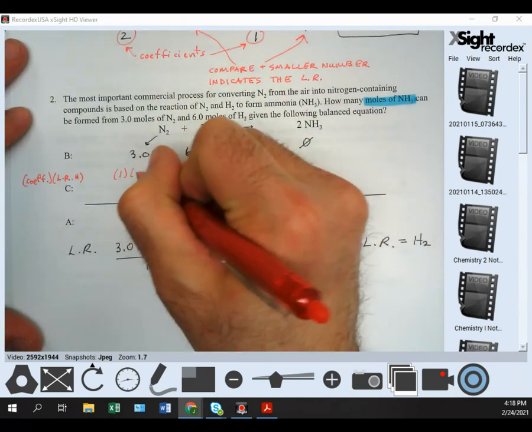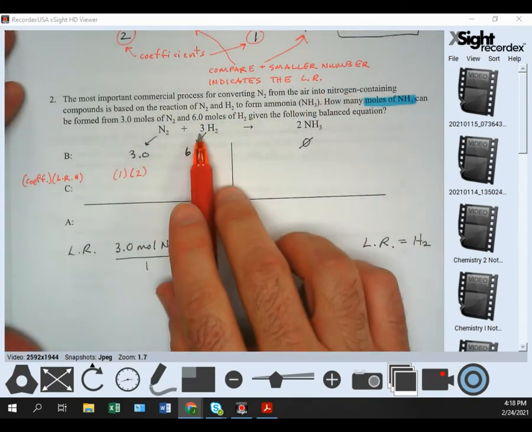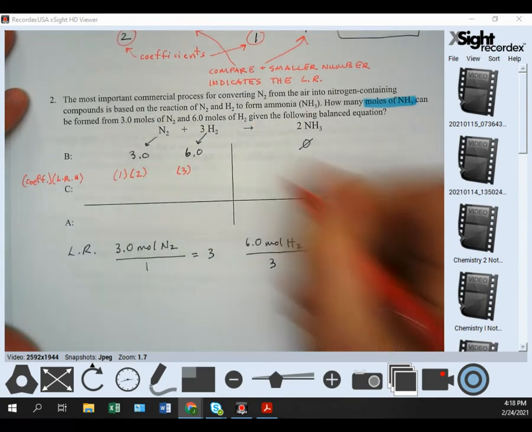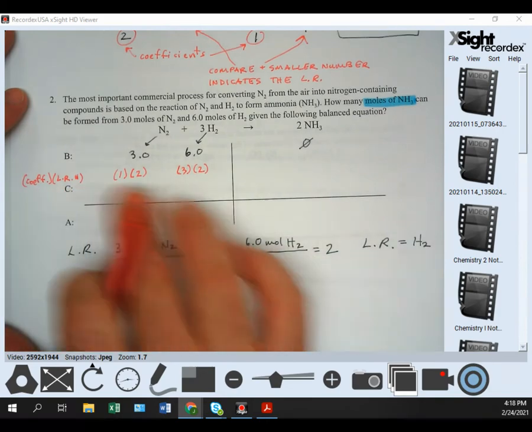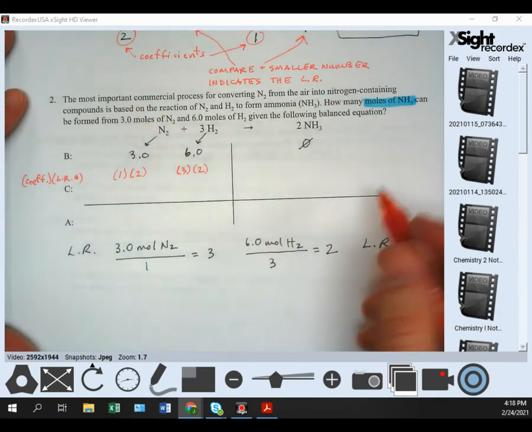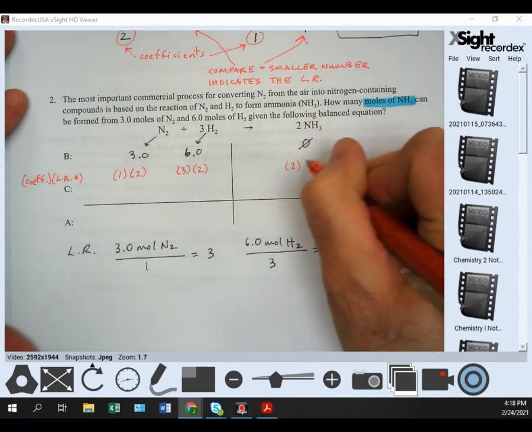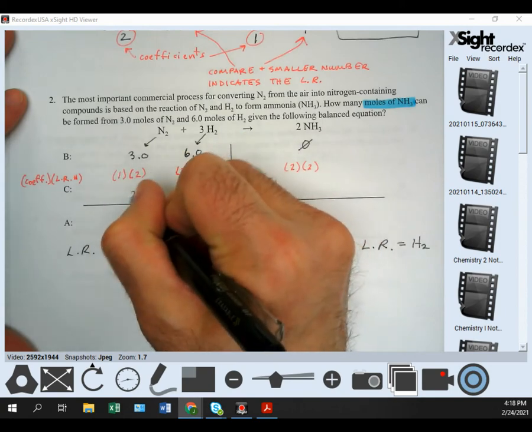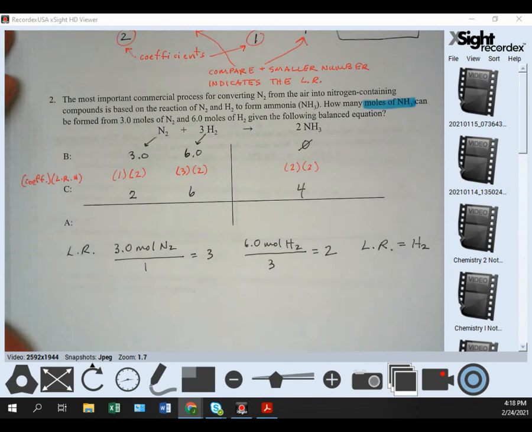So 1 times 2. For H2, 3 is my coefficient times 2. This number, the limiting reactant number, is always the same. It's the same number each time, and you're just multiplying it by the coefficient. So for NH3, it's going to be 2 from the coefficient times 2. So for the change row, we get 2, 6, 4. That's how you do the change row.